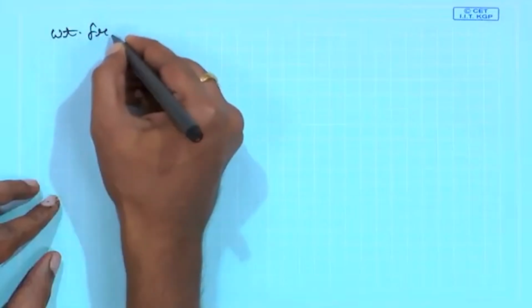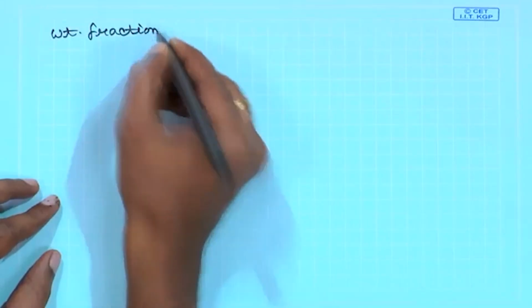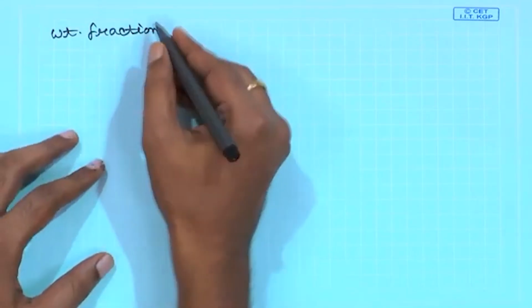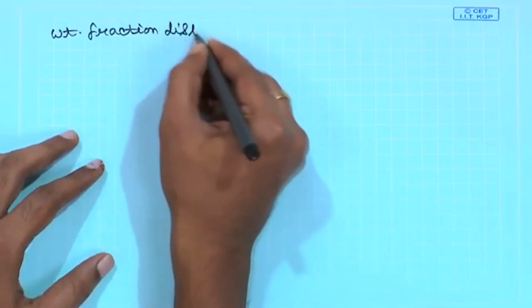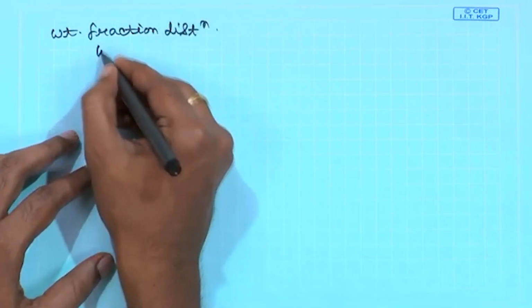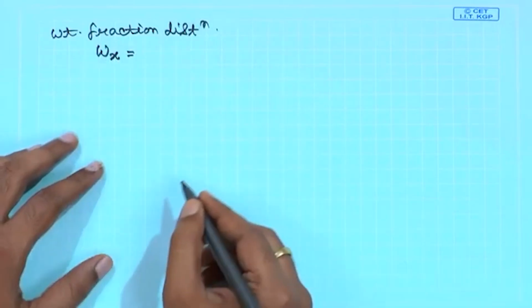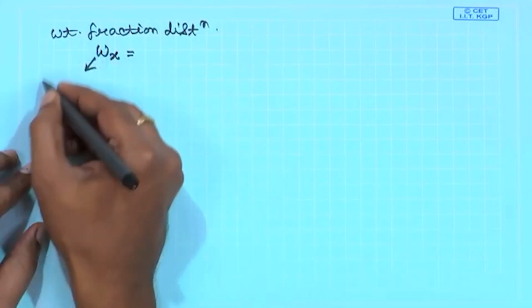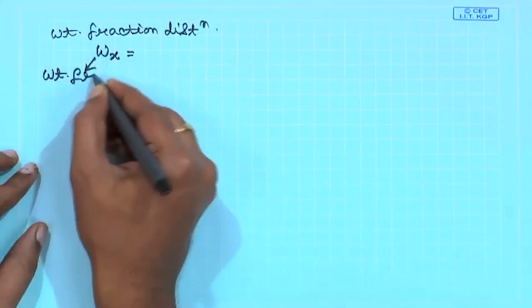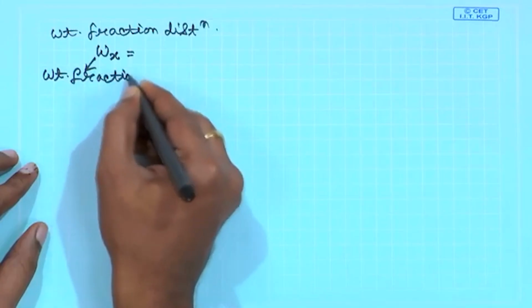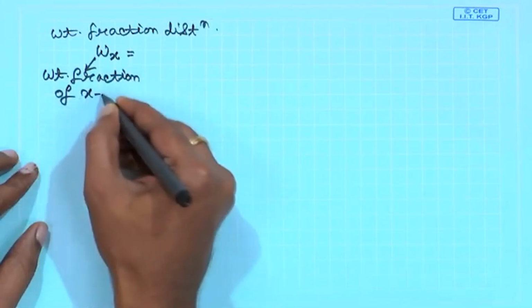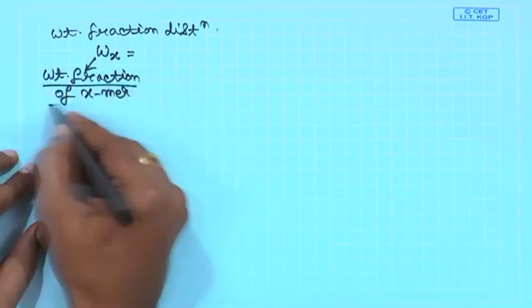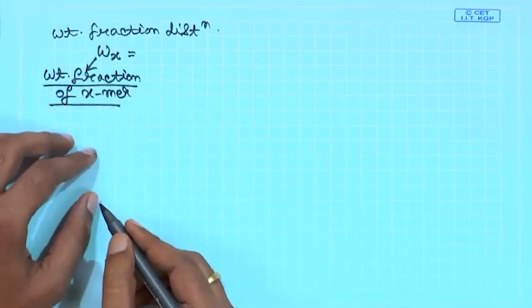So, number fraction distribution. So, what is the weight fraction distribution? Let us say I put small w_x. So, basically let us say weight fraction small w_x is the weight fraction of x-mer, just like the number fraction of x-mer.